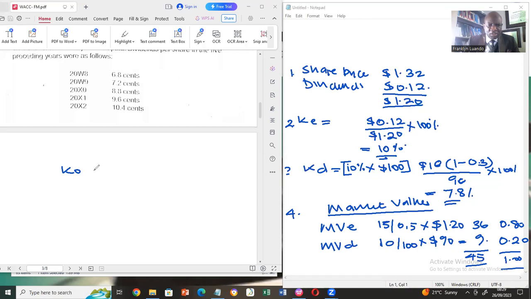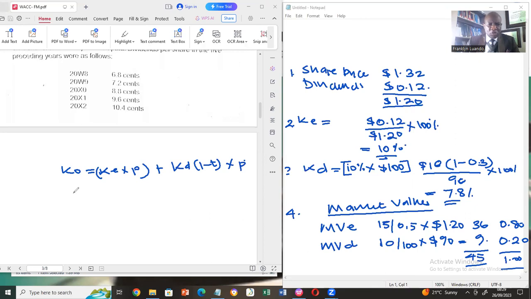KO, that is WACC, is equal to KE multiplied by proportion plus KD, 1 minus T, multiplied by the proportion.